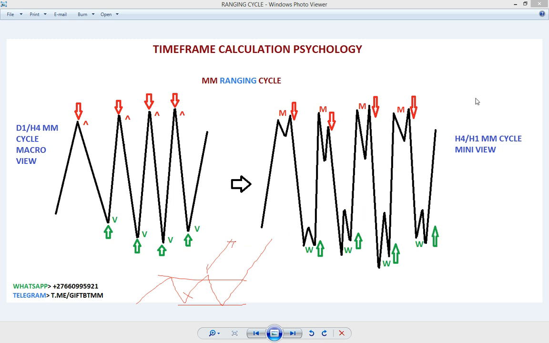but that didn't happen. What happens is that the dealer failed to break this high and issued a pattern here.